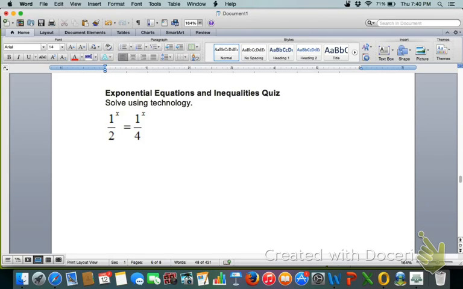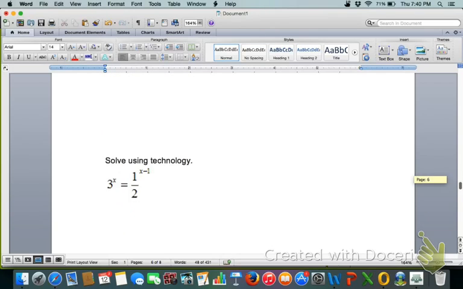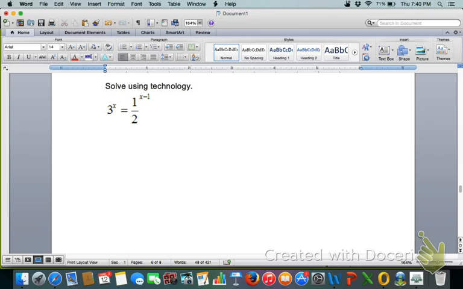Alright, my next one is another solve using technology. Again, you would graph it and see where it intersects. There's also a way to do it algebraically, and it has to do with using logarithms. So I'm going to rewrite this just as I did the other one. I have 3 to the x equals 1/2.